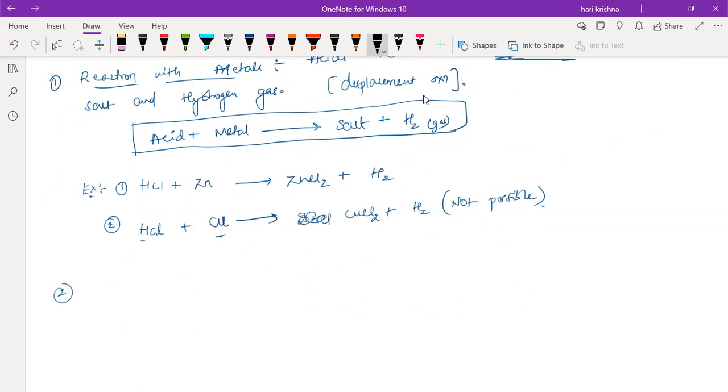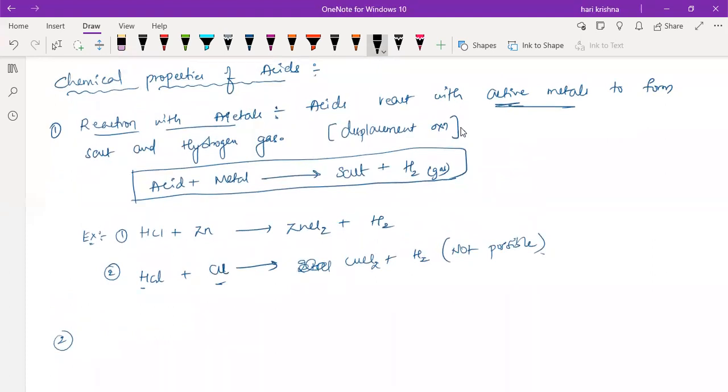See, whenever the acids react with the active metals, what are active metals? Metals which are more reactive than hydrogen, or if you say active metals, the starting elements in the reactivity series. Starting elements in the reactivity series are called active metals.